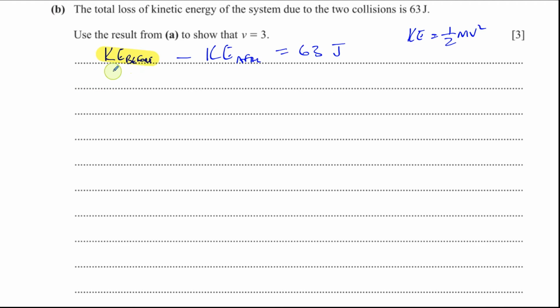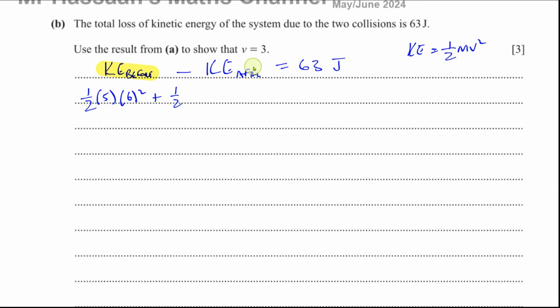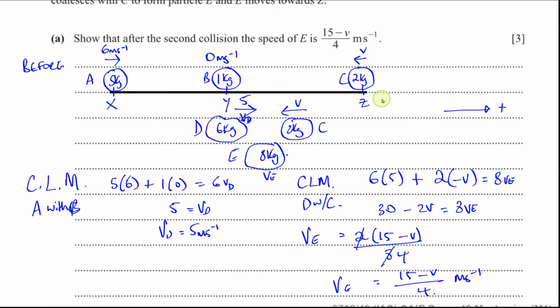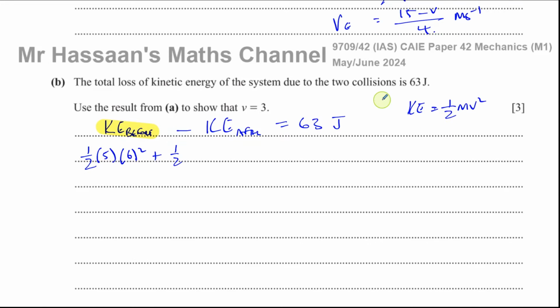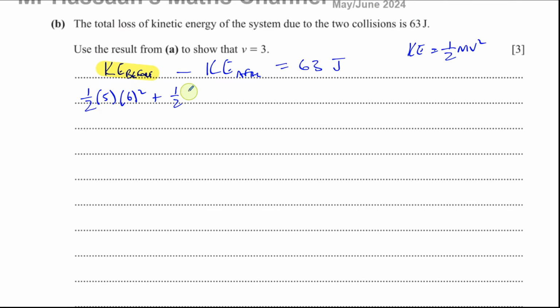So before the collision, you have the kinetic energy of A, which is 1/2 times 5 times 6 squared, plus the kinetic energy of C, which is 1/2 times 2 times V squared. It's squared, so you don't have to worry about the sign.